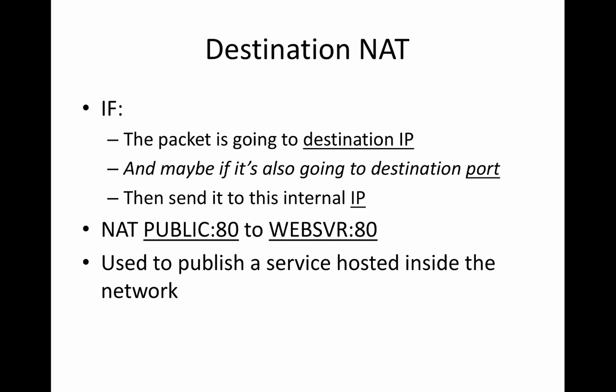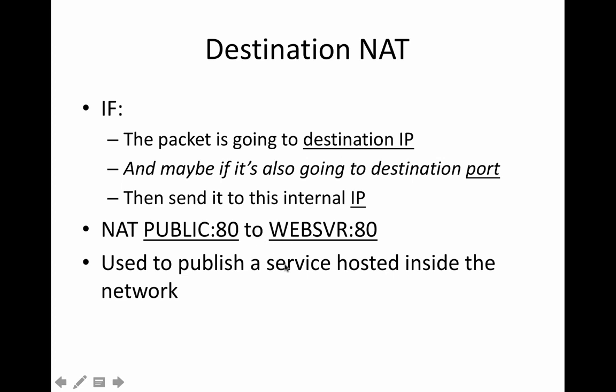Next one is destination NAT. So destination NAT is usually used where traffic on the internet has a destination and port that matches. So the packet is going to this particular IP port combo, or maybe just IP. Then we're going to rewrite the destination IP to be something else.